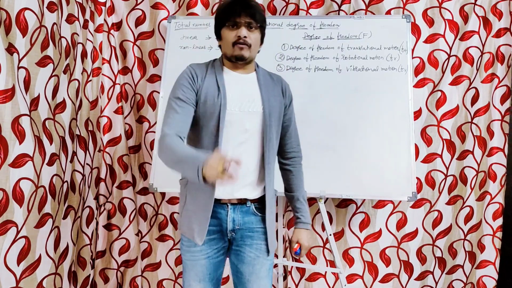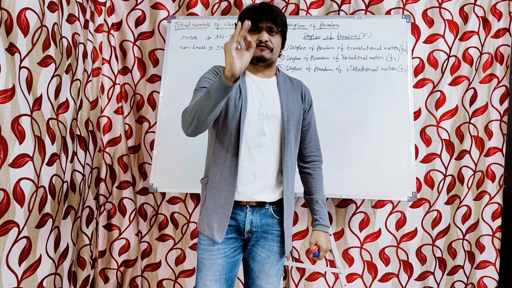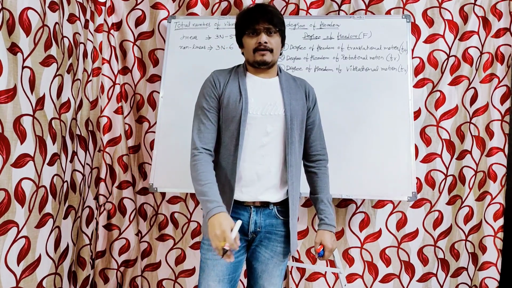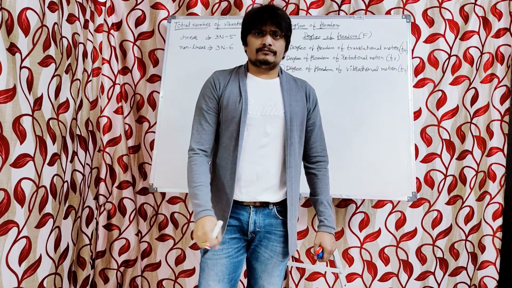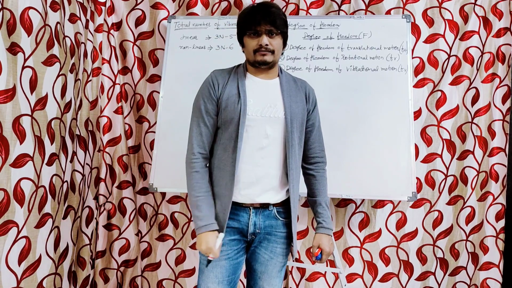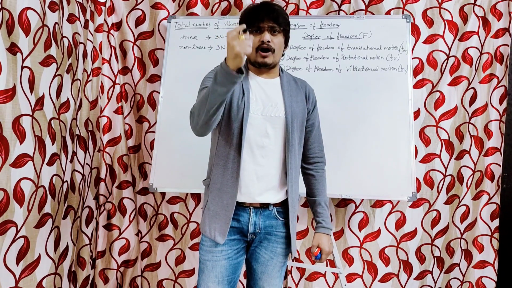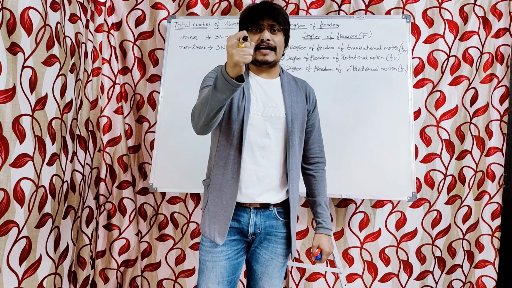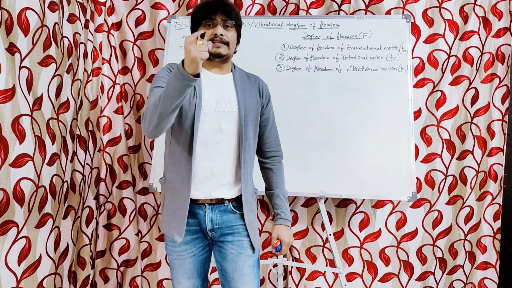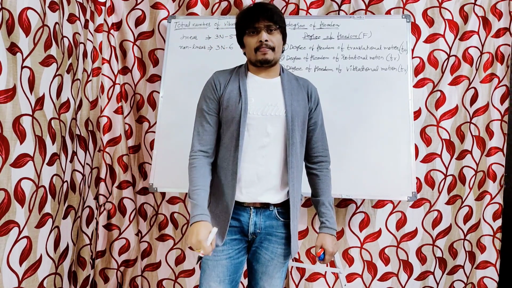This particular video is very important in order to have a complete grip on IR spectroscopy. You have to watch this video until the end, because this is the basis for IR spectroscopy.